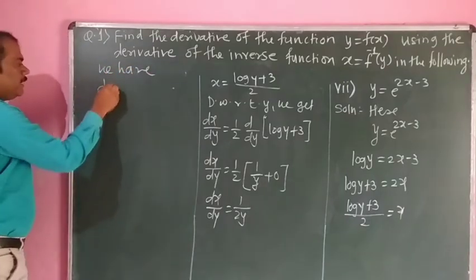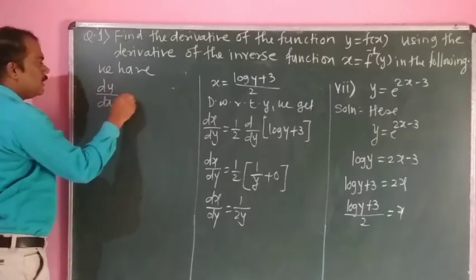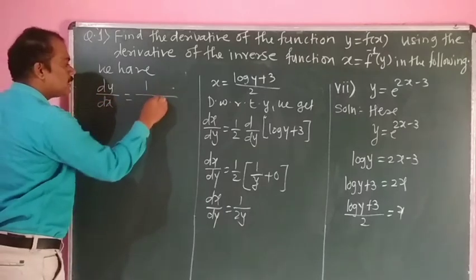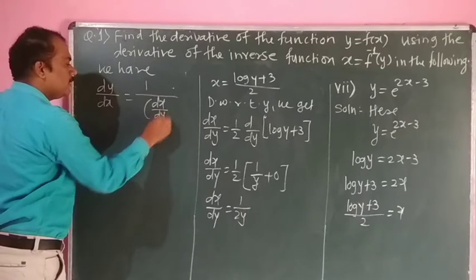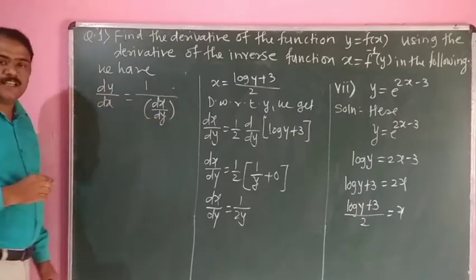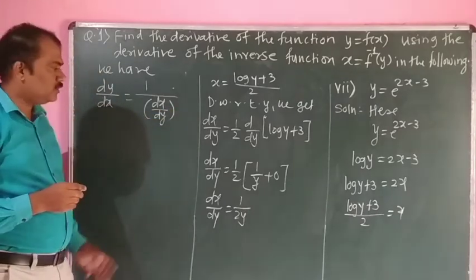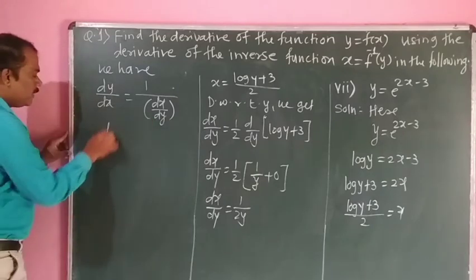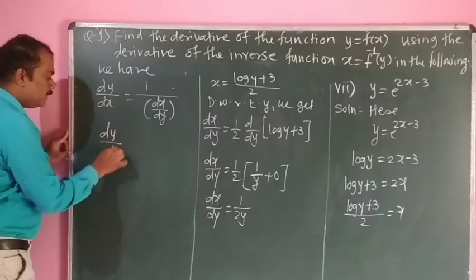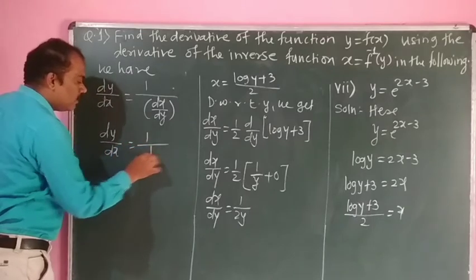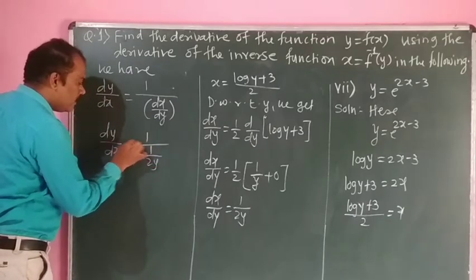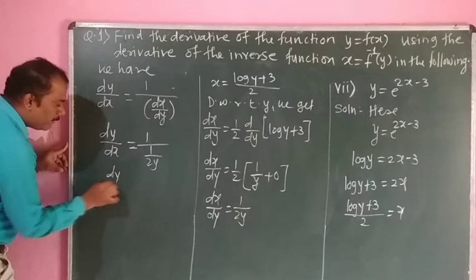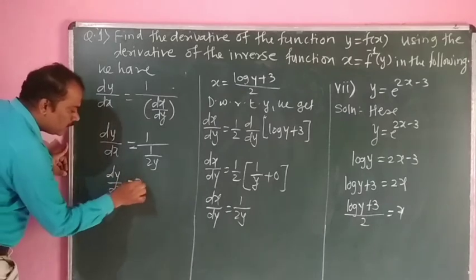We have dy by dx is equal to 1 upon dx by dy, with the condition that dx by dy is not equal to 0. Now we substitute the value of dx by dy. That is dy by dx is equal to 1 upon 1 upon 2y, so we get dy by dx is equal to 2y.